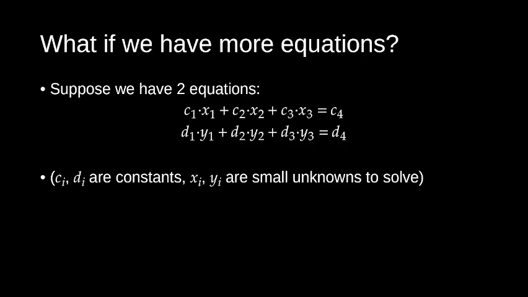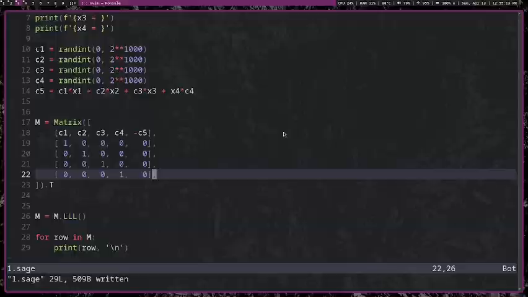Now let's look at what if we have more equations. So suppose we have 2 equations where c and d are our constants and x and y are our unknowns.